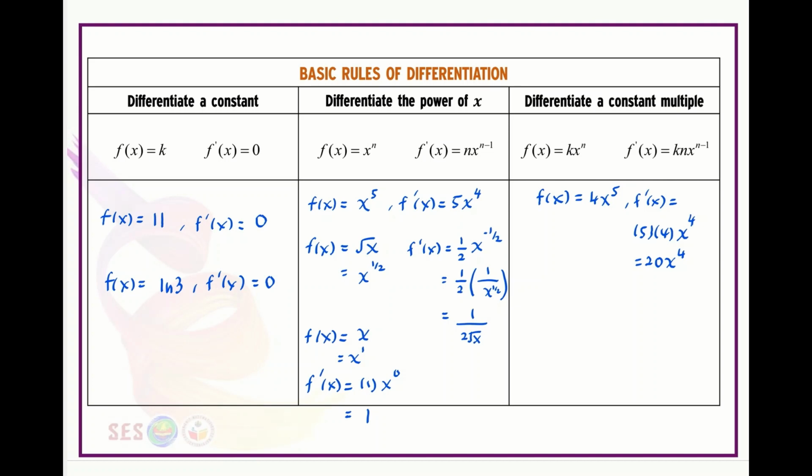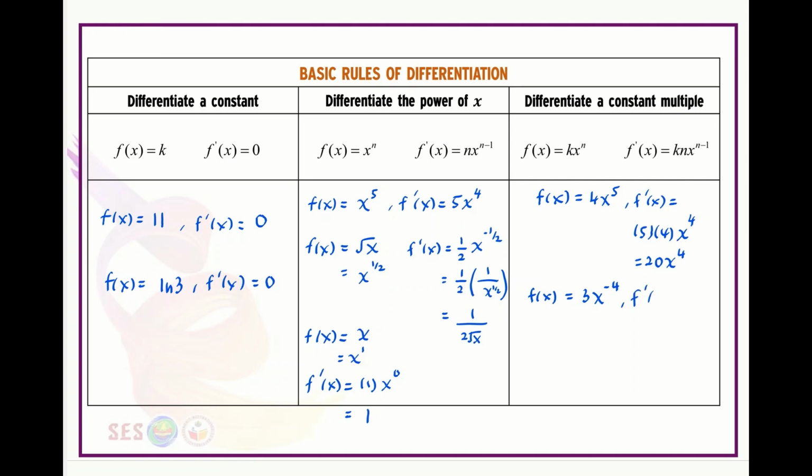All right, so let's say we have now f(x) equals 3x to the power of negative 4. So this one is also under the case of differentiate a constant multiple, because we do have a constant in front of the power of x here. But the step is absolutely the same.